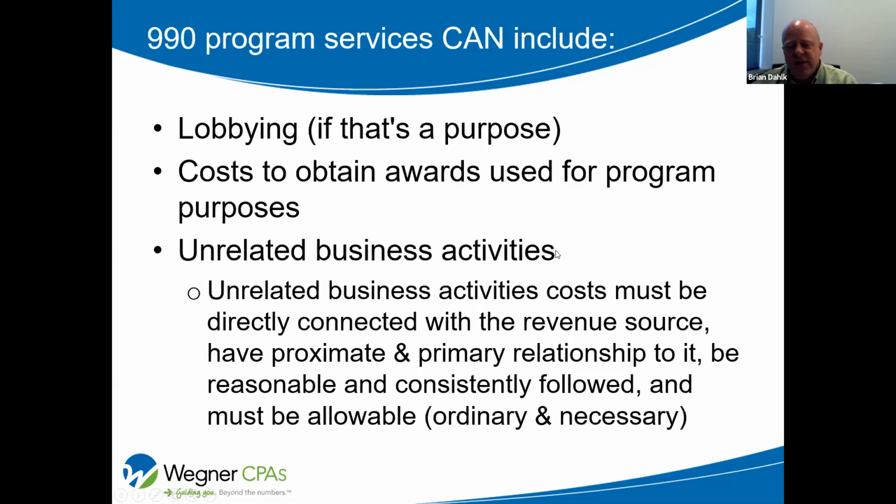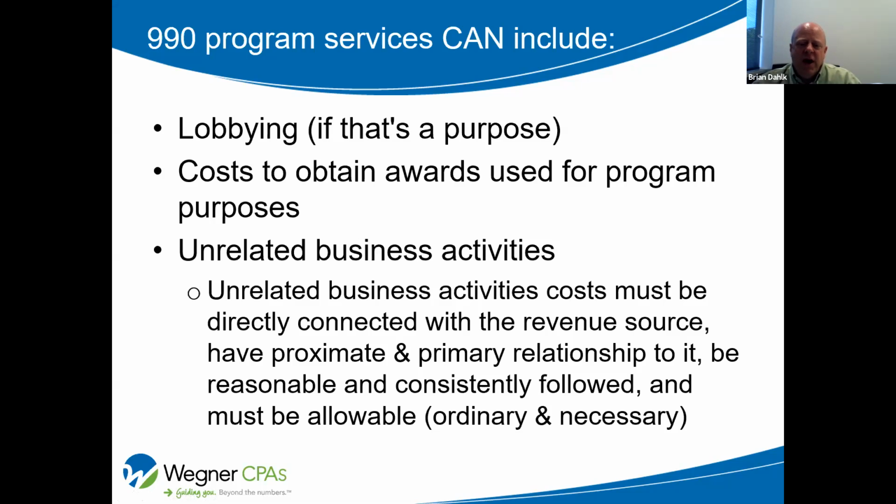Unrelated business activities are associated with this thing called UBIT, which is unrelated business income tax that nonprofits sometimes have to incur if they do activities that are not related to their nonprofit function.